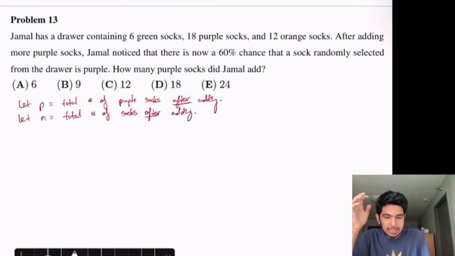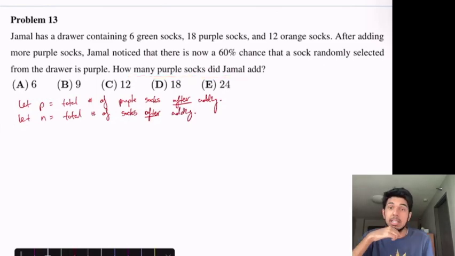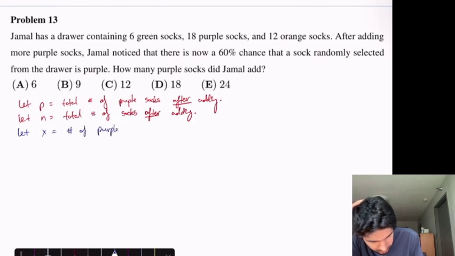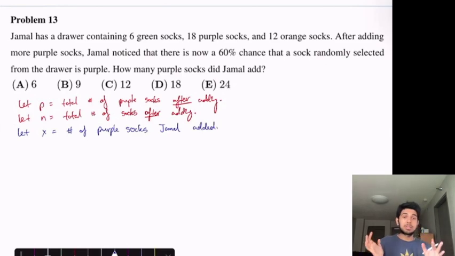And remember, we're asked to find how many purple socks Jamal added. This is an unknown quantity to us right now, so let's create a variable for it. We'll let x equal the number of purple socks that Jamal added. Now we can create some equations.